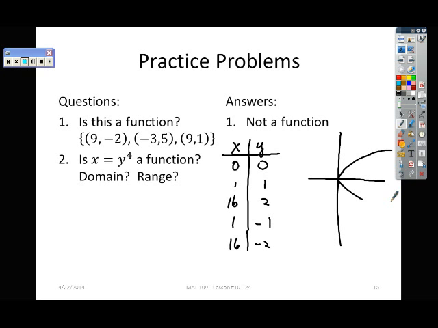Actually, yeah, and this should be a +16, sorry. Because if I plug a y in, it's always going to give me a positive value for x. There's no way I can put a real number in for y and get a negative number for x. The only way I could do that is if I have imaginary numbers.